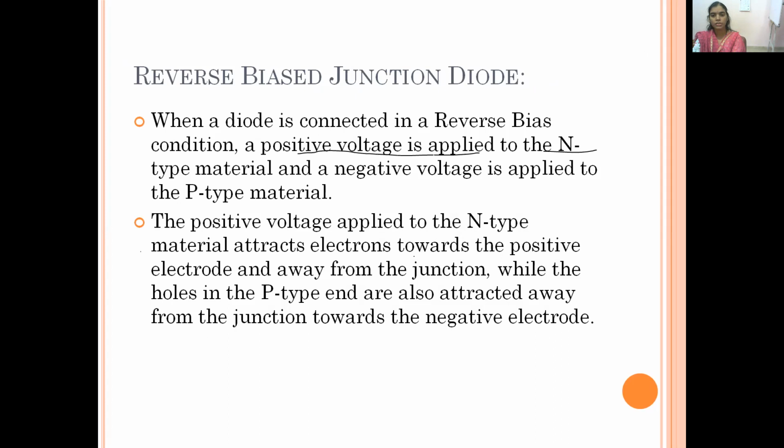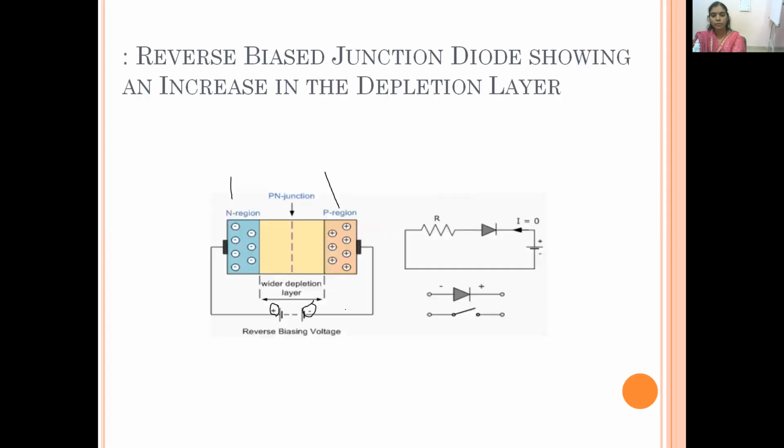Here, the positive voltage applied to the n-type material attracts the electrons towards the n-type region, whereas the negative voltage attracts the holes towards the negative electrode.